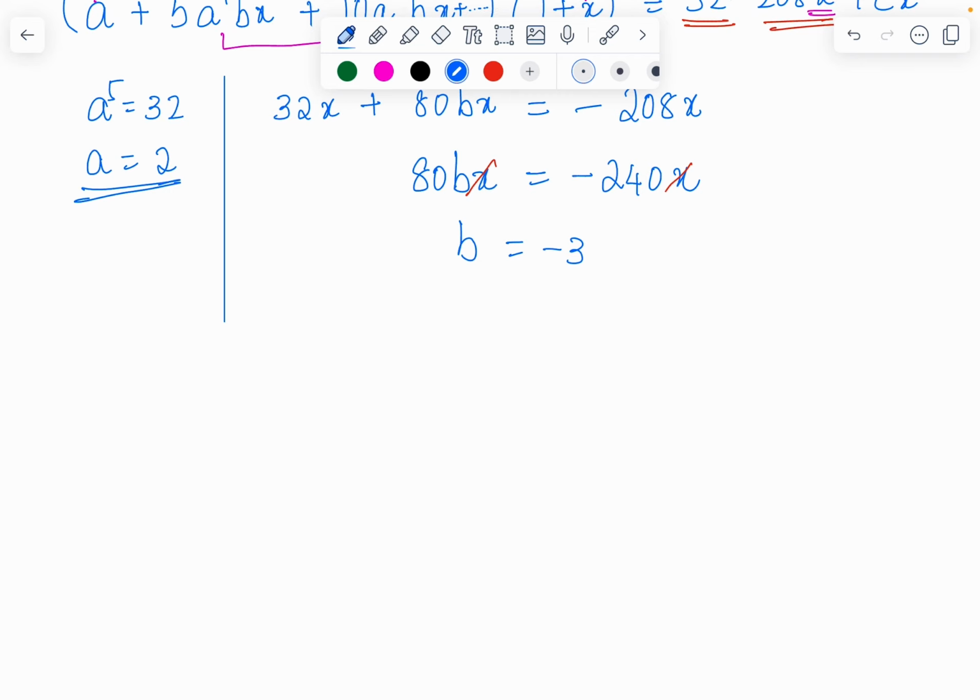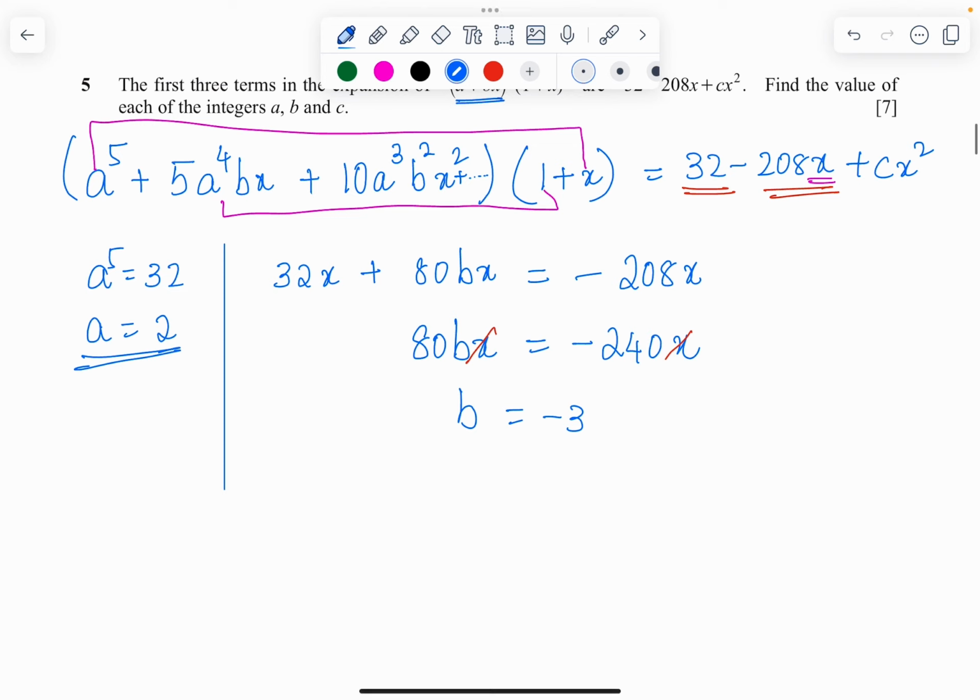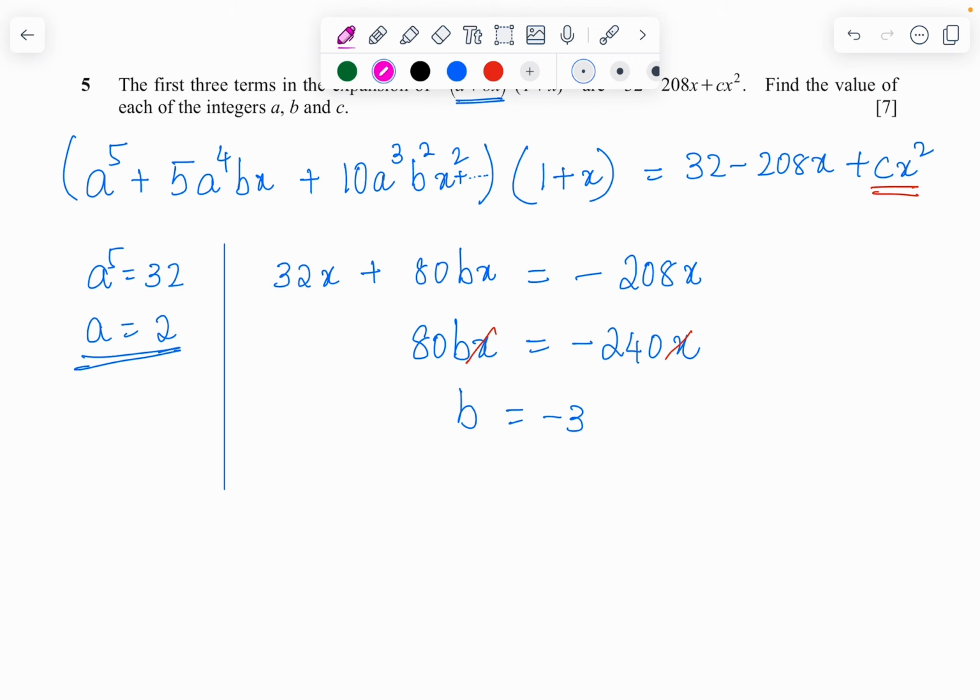So c is the x^2 term. I'm going to delete what we wrote in the beginning so that there's no confusion. When do we get x^2 terms? You can see that this x and x gives you x^2.